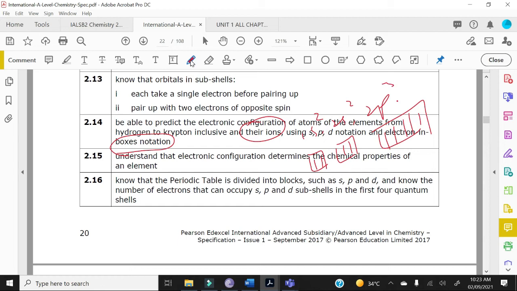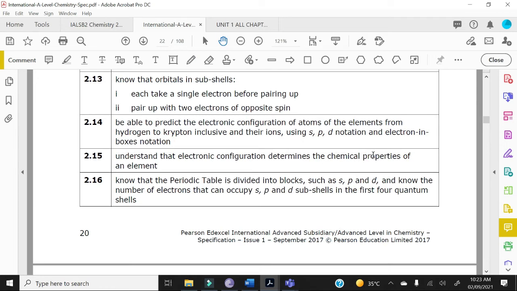But boxes should be like this is s1, this is s2, and the 3 should be a little bit higher from each other. This is how they're going to be dealt.